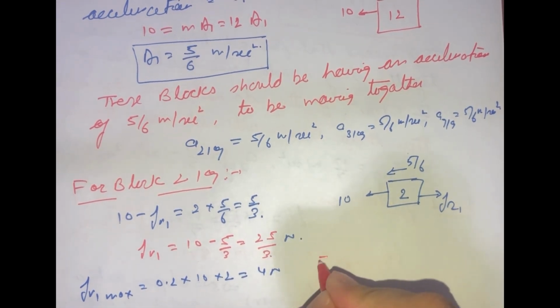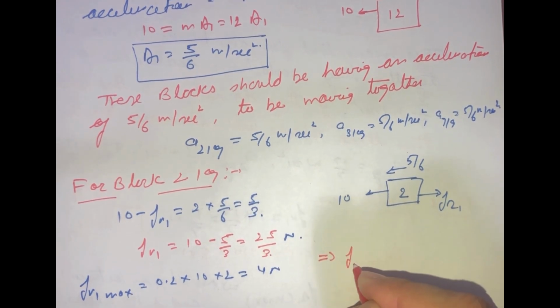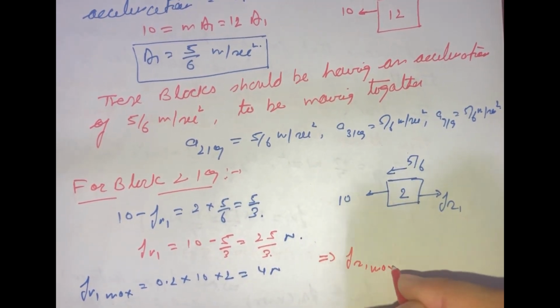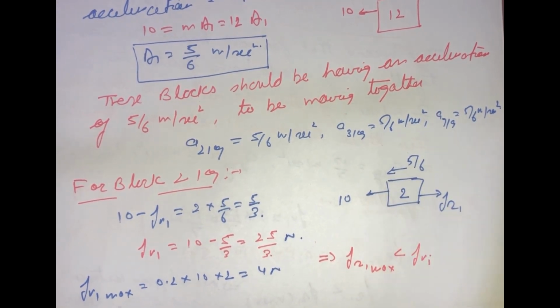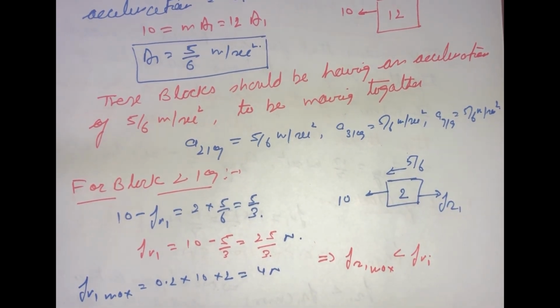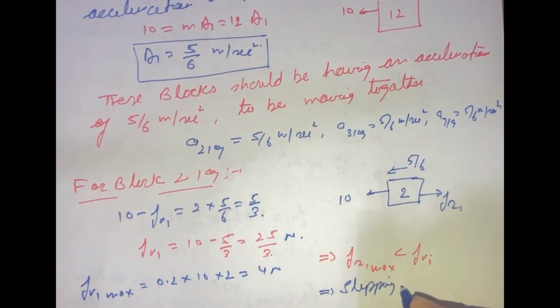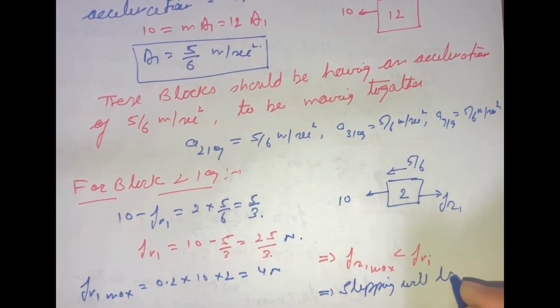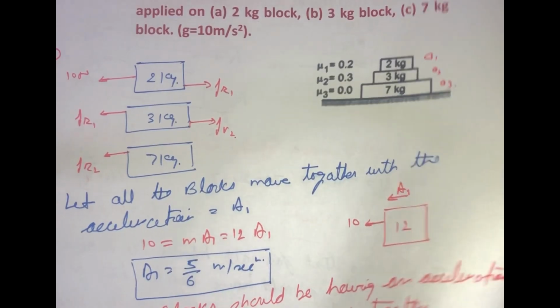So from here we can say that Fr1 max is less than the required force. Therefore slipping will take place.